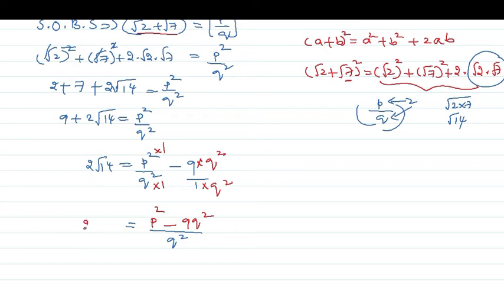On the left side we have 2 root 14. Now transpose this 2 to the denominator, so root 14 gives p square minus 9q square by q square already in the denominator, and this 2 also comes to the denominator, that is 2q square.